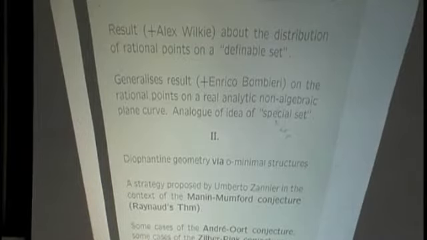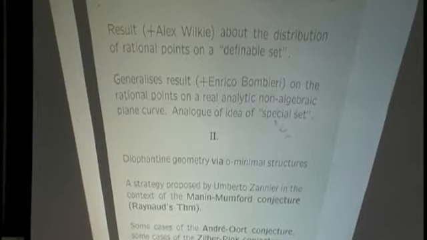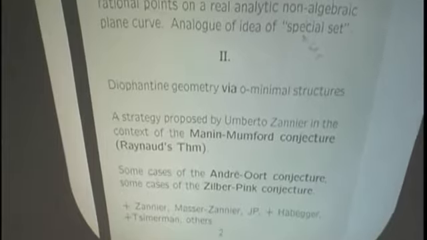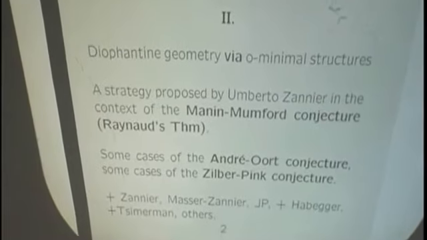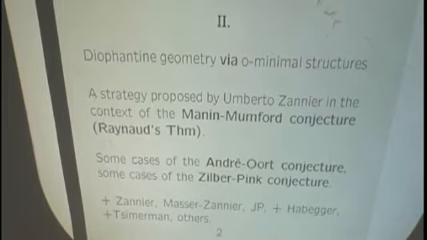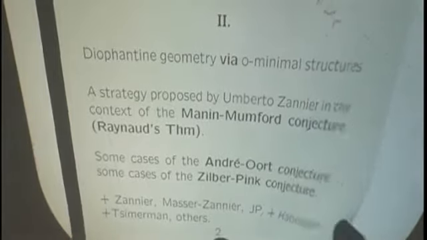But it turns out that this same strategy can be applied in several other problems in the circle, the sort of Manin-Mumford, André-Oort, and indeed the broader Zilber-Pink circle of conjectures. And there are various applications that I want to mention.